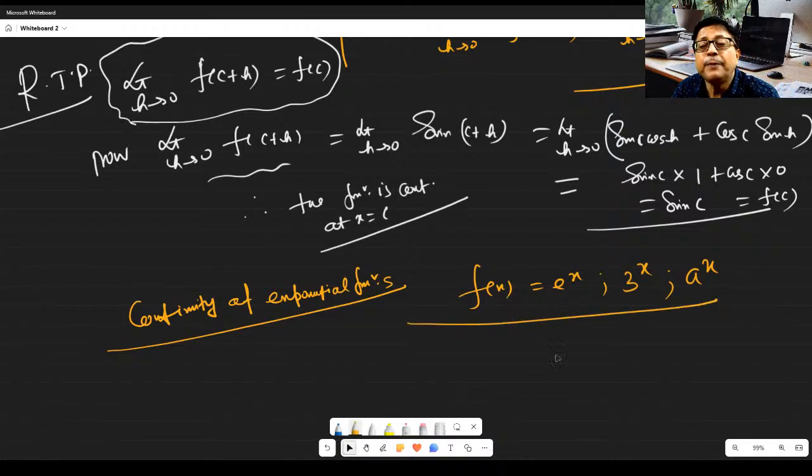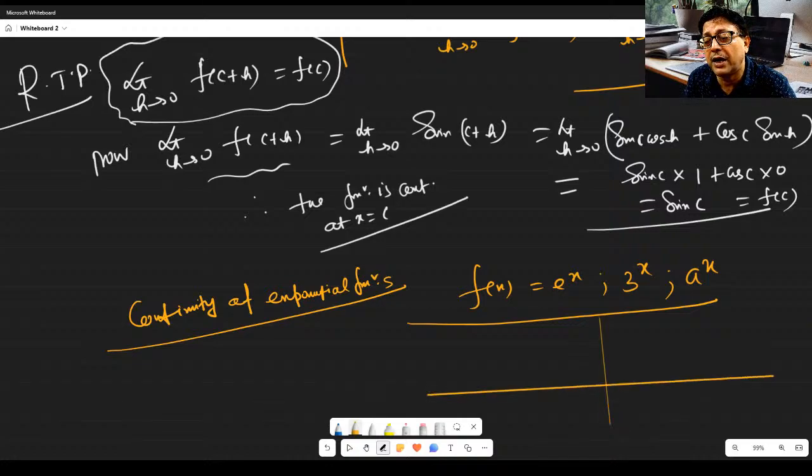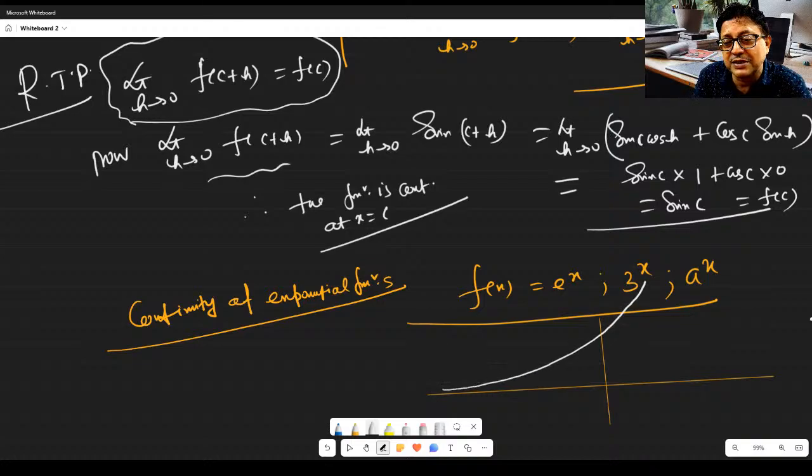Okay. If you plot the graph, as elementary function graphs are done already, I'm just showing their graphs. They are continuous everywhere. e to the power x, 3 to the power x, whatever you take, the graph is almost like this. The negative x-axis is the asymptote. The graph goes on increasing in this manner. This is for any exponential function a to the power x for a greater than 1. But if a is less than 1, the graph will continue in this manner.